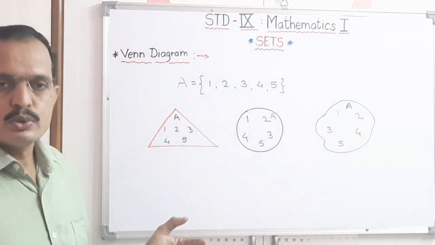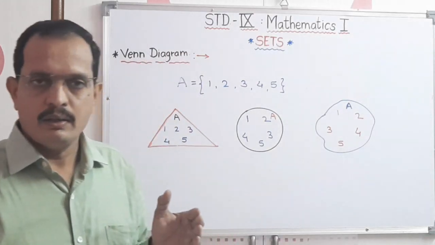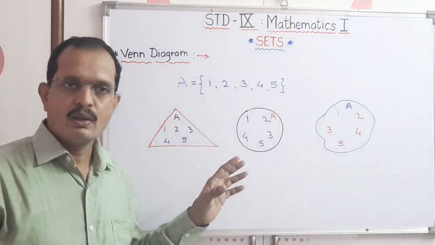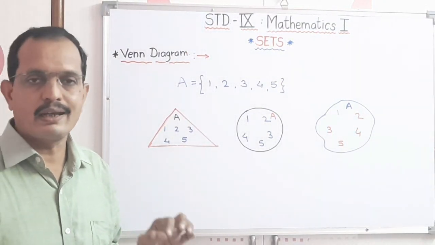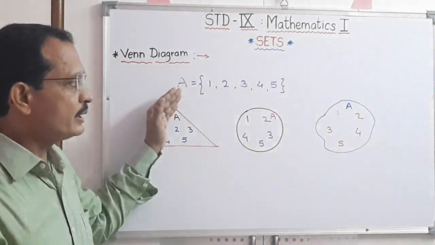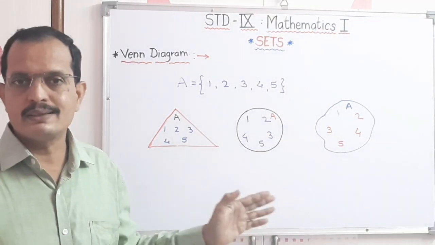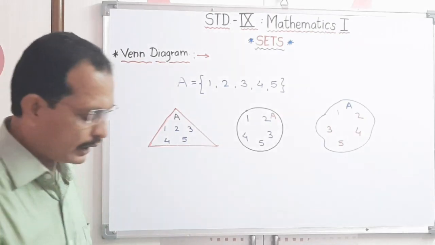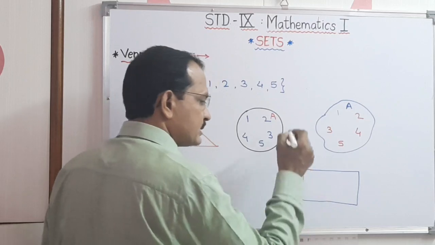Later on we have to study the universal set, and remember students, to represent the universal set we always use a rectangular figure. Therefore remember this: for any set we can use any closed figure, but when we have to represent the universal set, we have to use a rectangular figure like this. Now what is the universal set?